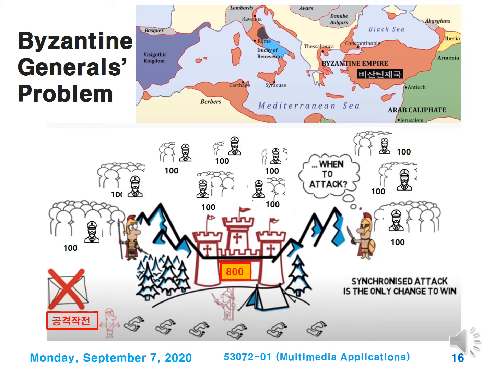Let's assume 10 generals are distributed in the Byzantine Empire.